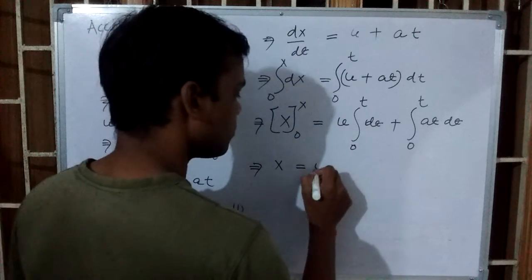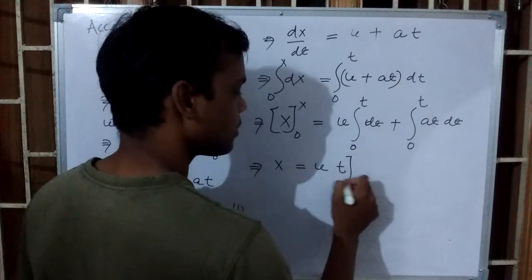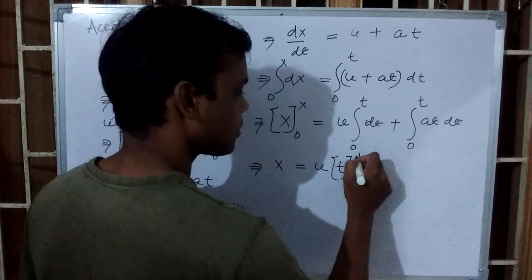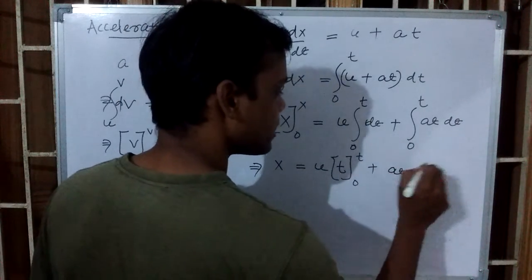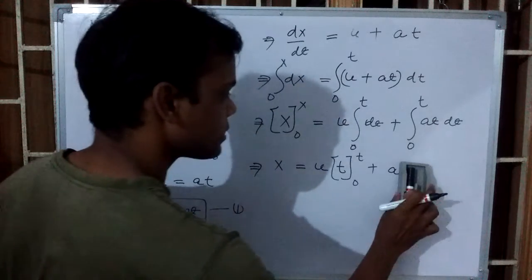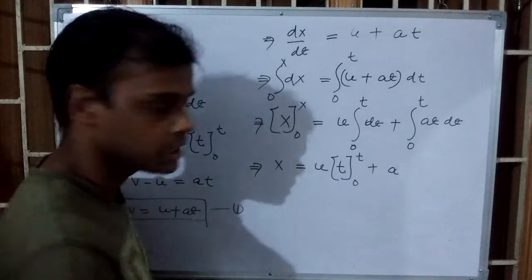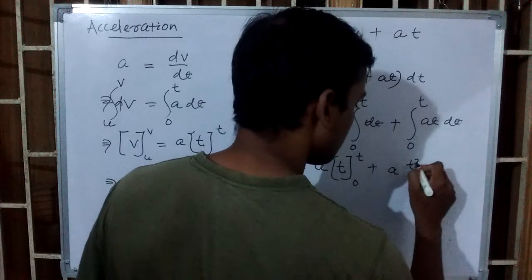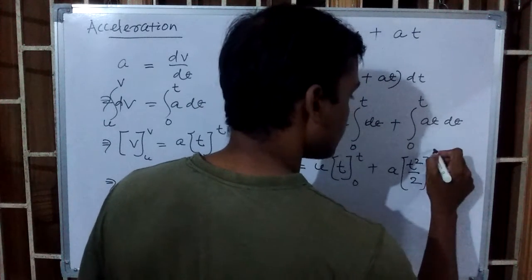Now u, integration dt is t and 0 to t, plus a is a constant, so take it outside the integration. Then integration of t dt is nothing but t square by 2, and the range is 0 to t.